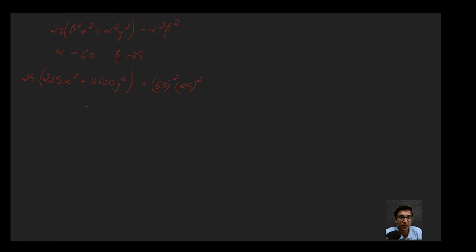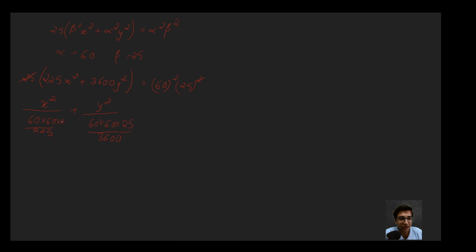Let us take this below and divide this entire equation, or first we can cancel 25 from here. We would get x square upon 60 into 60 upon 25, plus y square upon 25 in the term of A and 3600 in the term of B, which is 60 into 60 into 25 upon 3600.